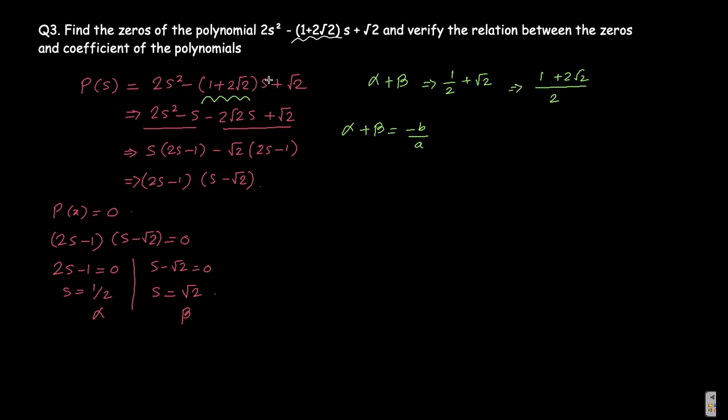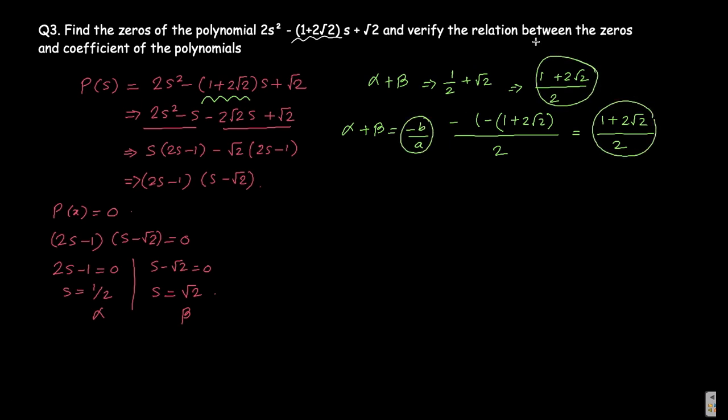So minus of minus (1 plus 2 root 2) by the coefficient of a, which is 2, that is (1 plus 2 root 2), minus and minus become plus, by 2. So this is the exact form for the sum of the zeros.